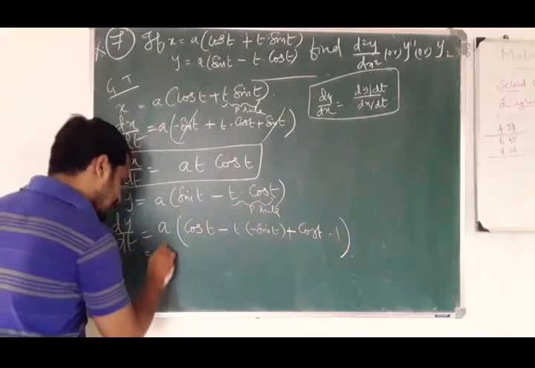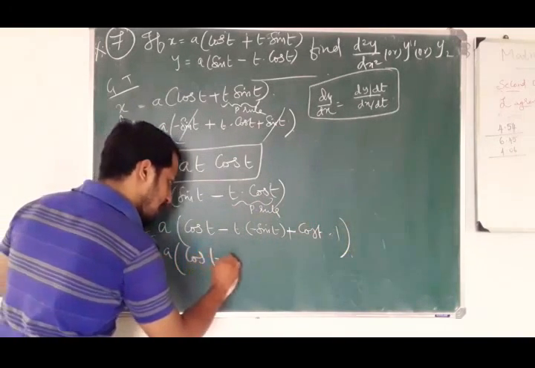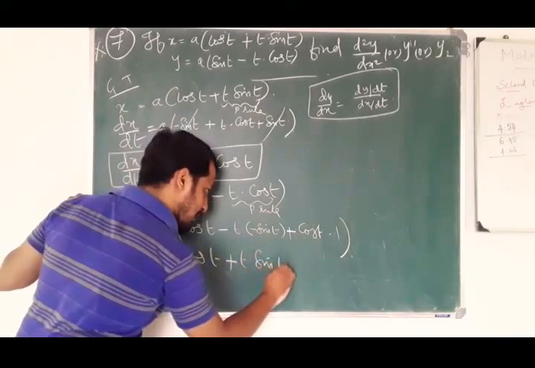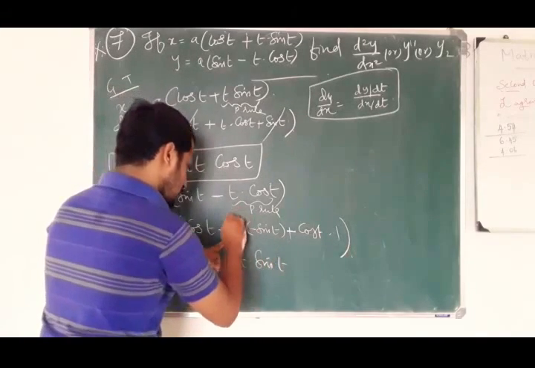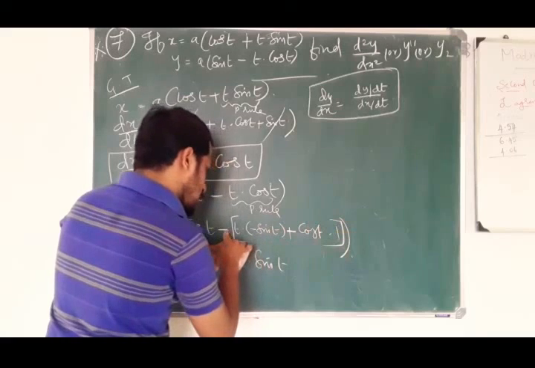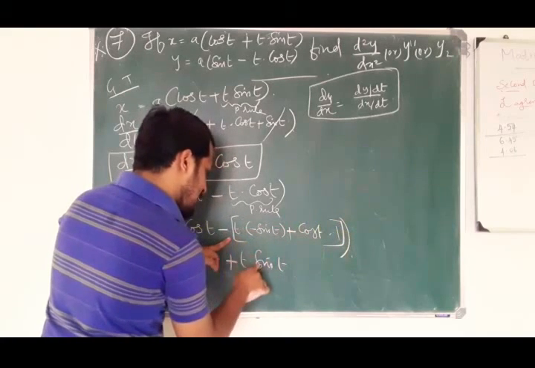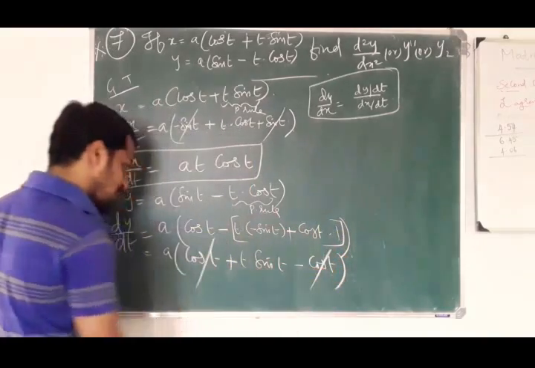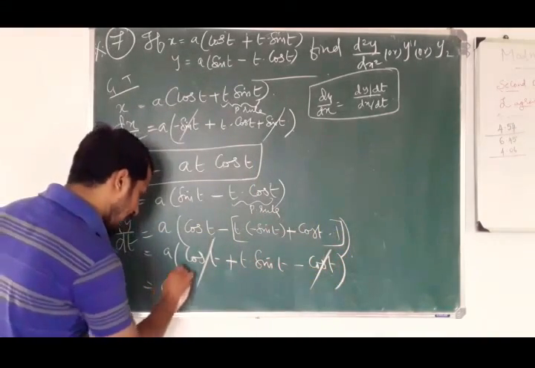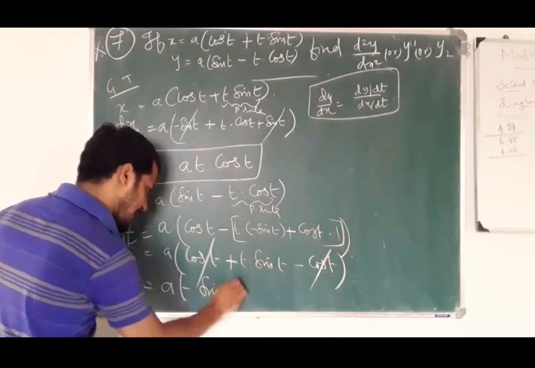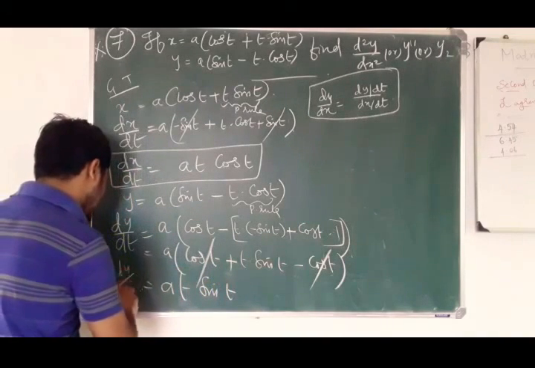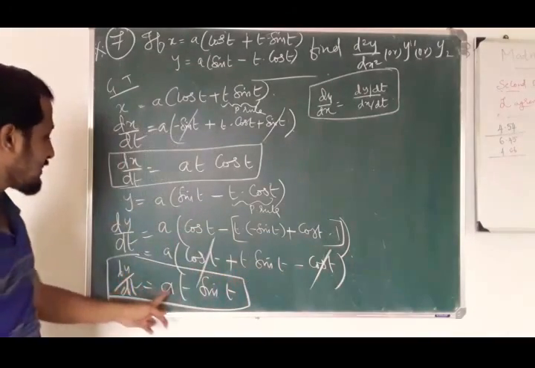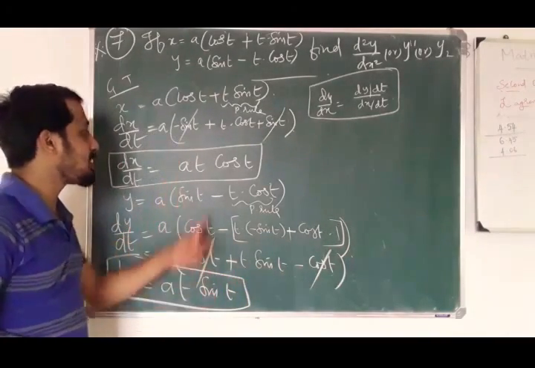So you will get a into cos t minus, into minus, plus t sin t. Minus into minus is plus, plus into minus is minus cos t. Here cos t will cancel. So you will get a t sin t, which is dy by dt.